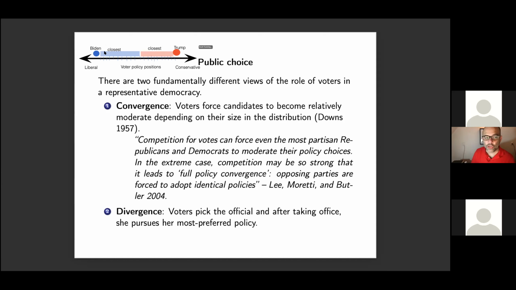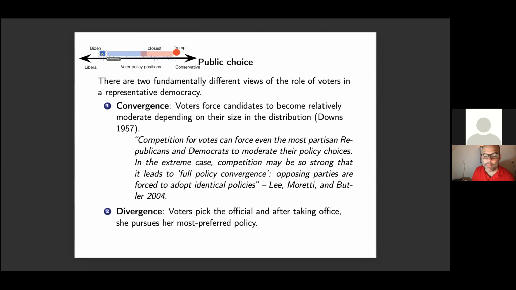What that means is that if Joe Biden could just move to the middle, watch what he can do. If he can move his policy position, so maybe he becomes slightly more conservative, look, as he does that, he's getting all of those people, and now he's getting all these people.